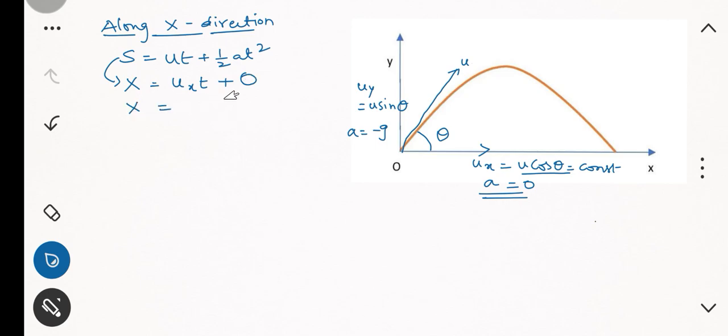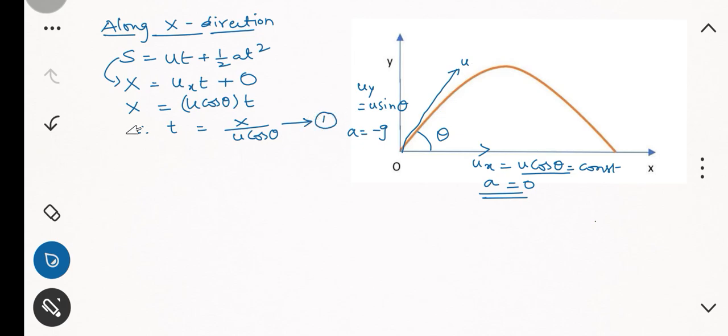By replacing ux with u cos theta, we get u cos theta into t. By separating t, we get t is equal to x by u cos theta, which is expression 1.